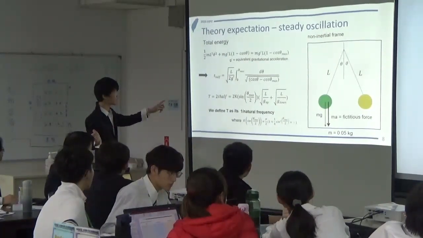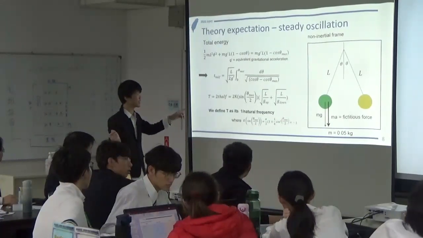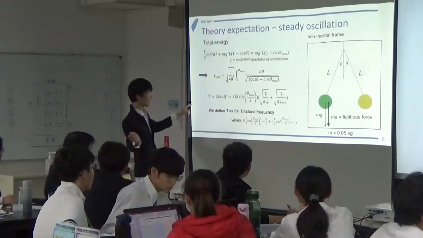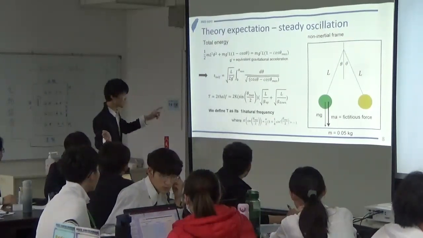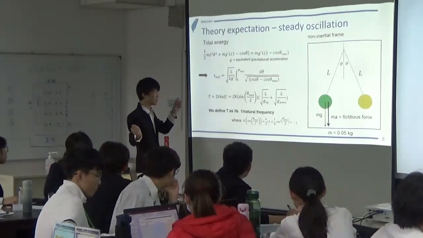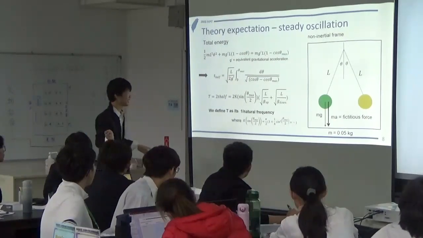By integrating it, we can get the period of the Lato, and we define T as 1 over its natural frequency.